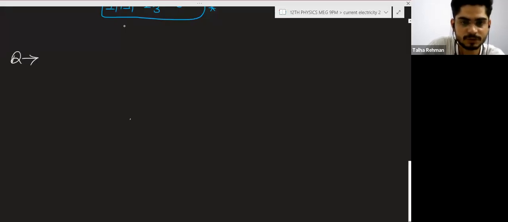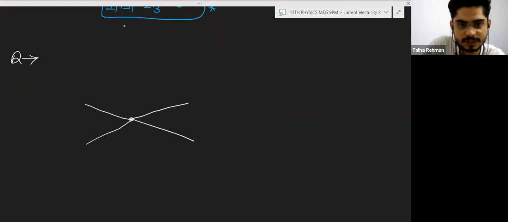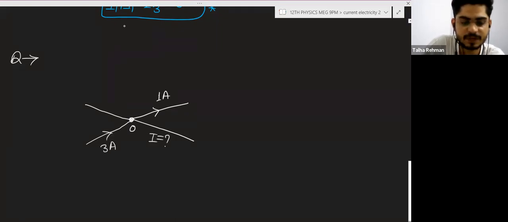And you will solve this question. Suppose this is the junction point O and in this direction 1 ampere current is going, and here in this wire we don't know the value of current and we don't know the direction of current also, and here the current entering is 3 ampere and here the current entering is 2 ampere.